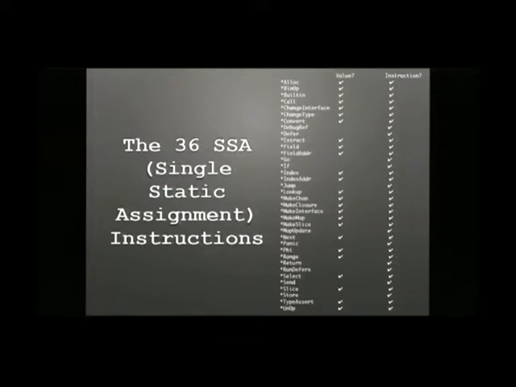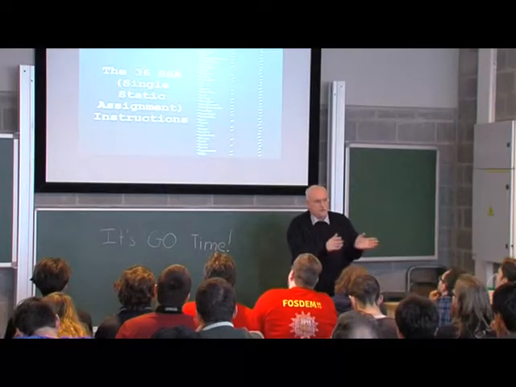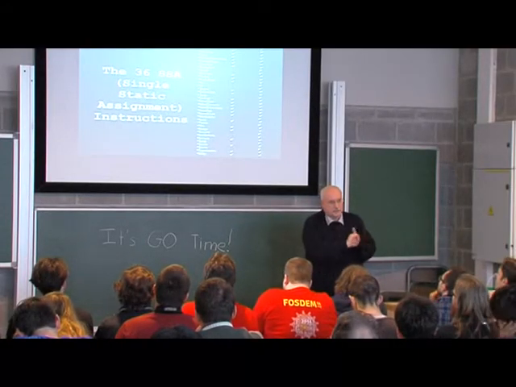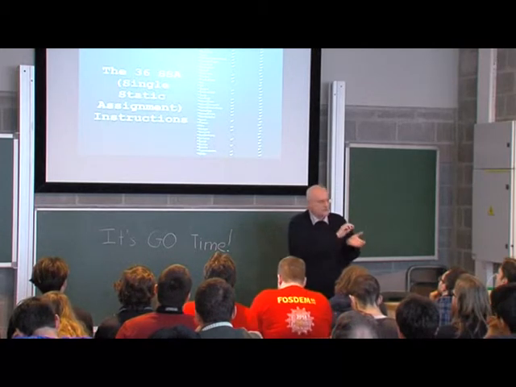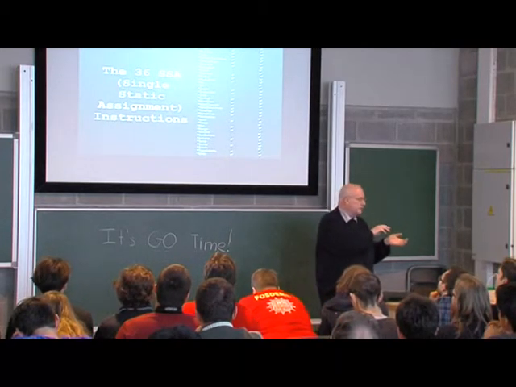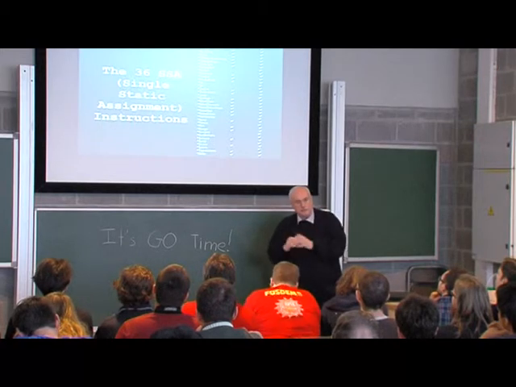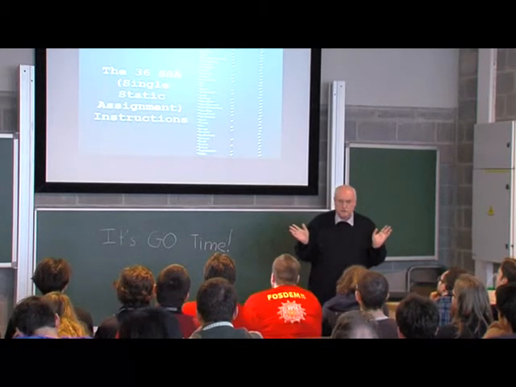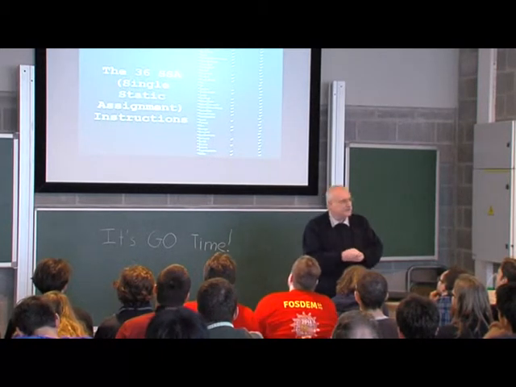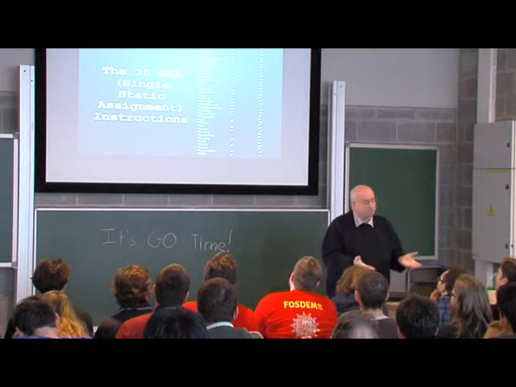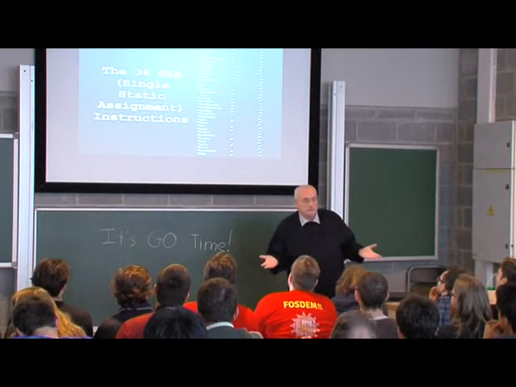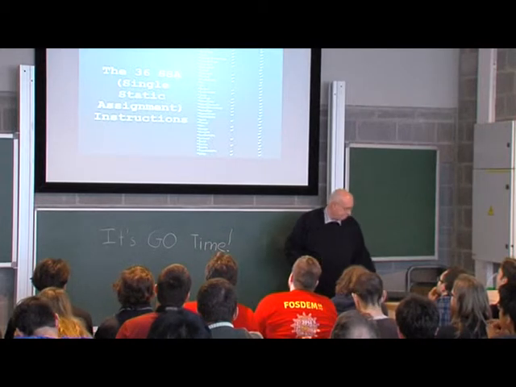And within SSA dump, which is a utility, you can actually run an interpreter that will interpret these 36 instructions. So if you take, as TARDIS Go does, and naively translate each of these 36 instructions into a lump of code, voila, since we're in Belgium, you get a working program. Amazing.